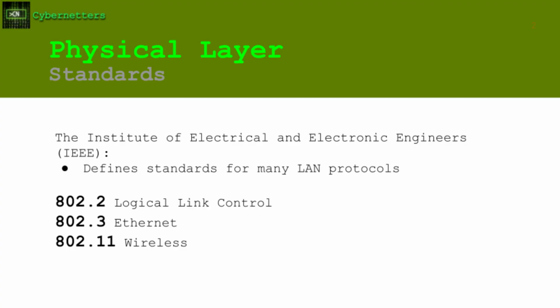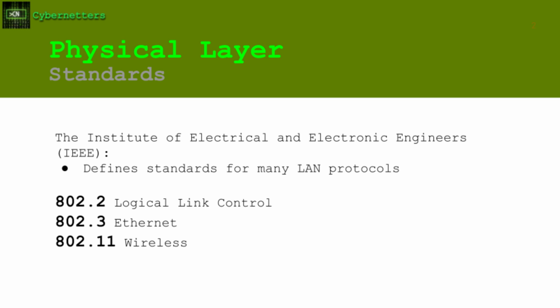Before we go deeper into the different types of cables, let's take a look at a few IEEE standards. Basically, the physical layer has a bunch of standards that need to be followed, which are governed by the Institute of Electrical and Electronics Engineers, also known as IEEE, which defines the standards for many LAN protocols.